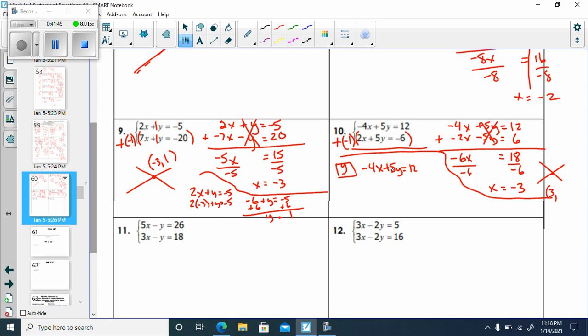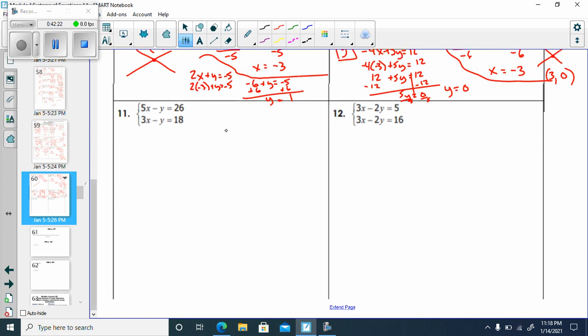Okay. If our x is negative 3, that's negative 4 times negative 3 plus 5y equals 12. Negative 4 times negative 3 is 12 plus 5y is equal to 12. Let's subtract 12 from both sides. 5y equals 0. Divide by 5. Y equals 0. So your x is negative 3, your y is 0.